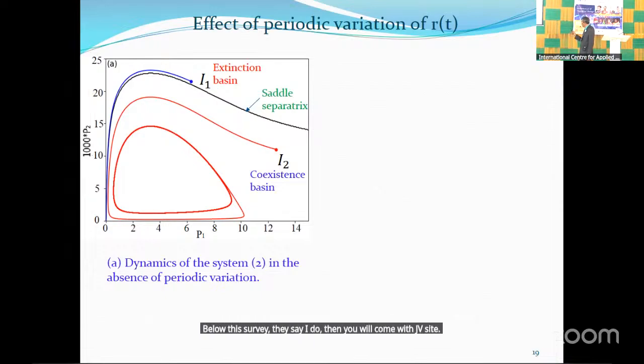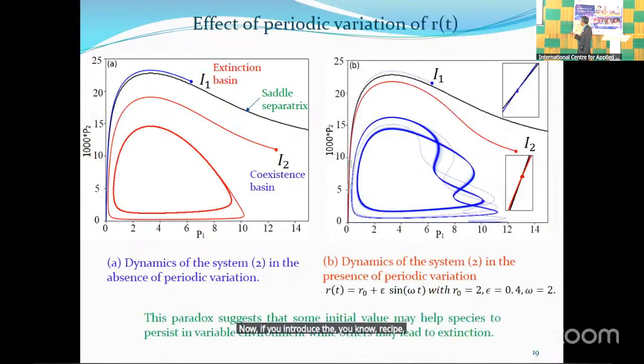Now, if we introduce the periodicity, then what happens? The blue trajectory starting from I1 crosses the saddle separatrix and produces a periodic cycle. So the extinction state exchanges the basin of attraction with the coexistence state.